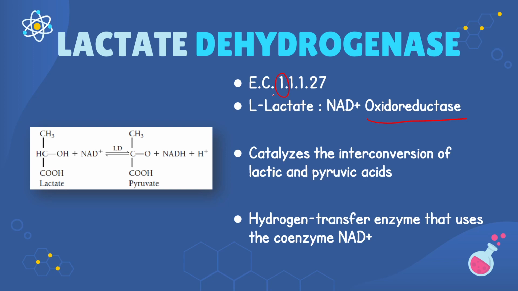Now, the function of LDH is to catalyze the interconversion of lactic and pyruvic acid, or lactate and pyruvate. Going back to how important this interconversion is, recall that whenever there is not enough oxygen in our body, this interconversion would take place.